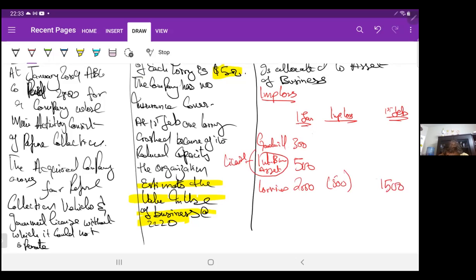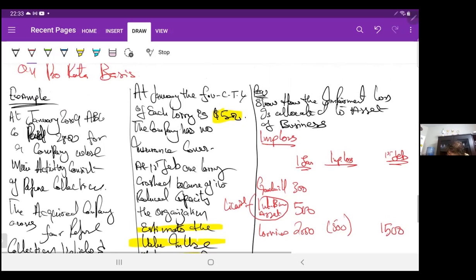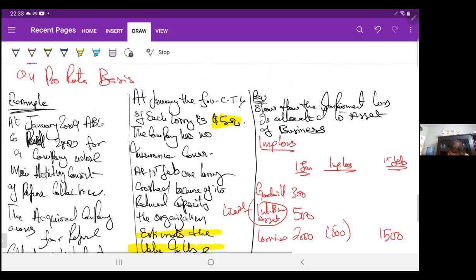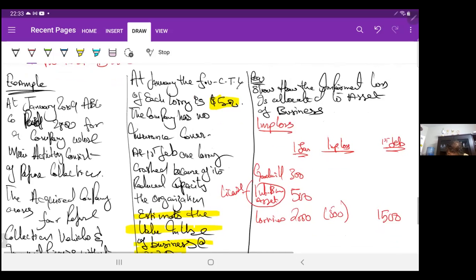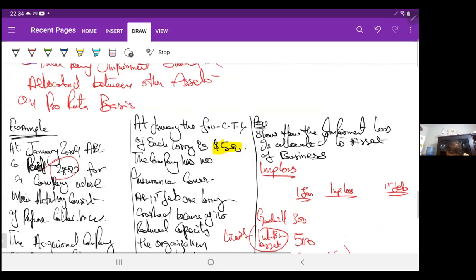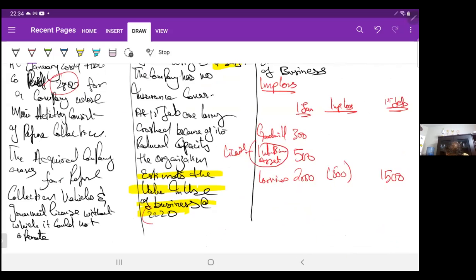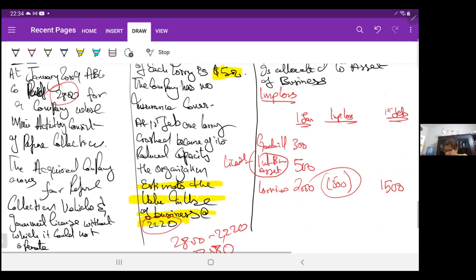Now look, it has a total value of 2,800, as you can see over here, right? Now after that, it has a value of 2,220. So 2,800 minus 2,220 is 580. 500 was reduced from lorries. 80 will be reduced from goodwill because we have no more impairment.